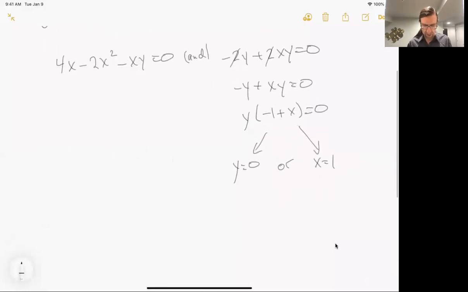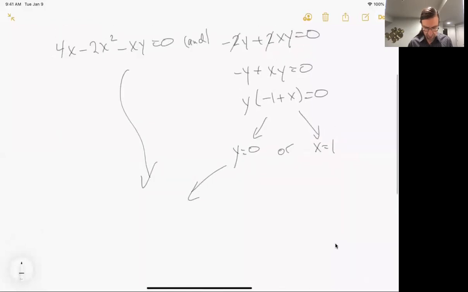If we're in the situation where y equals 0, and we also know the first equation has to be true, we can combine those, and that gives us 4x minus 2x squared minus x times 0 equals 0. Okay, all right, so let's keep going with that.